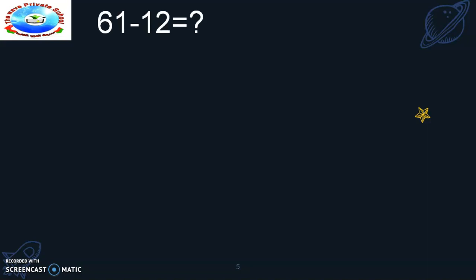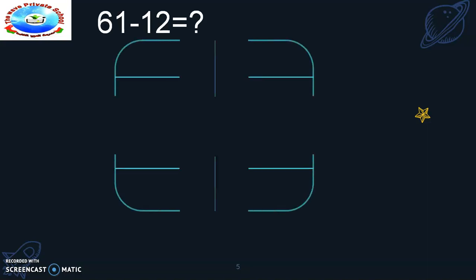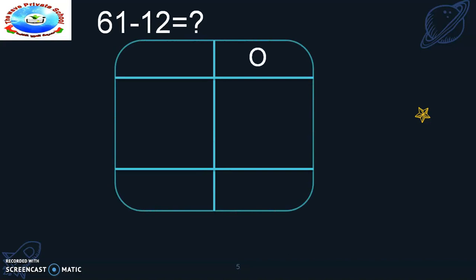Step 1. Write the numbers according to their place values, that is ones and tens place. We need to subtract the number 61 and the number 12. Step 2. Subtract the ones first.